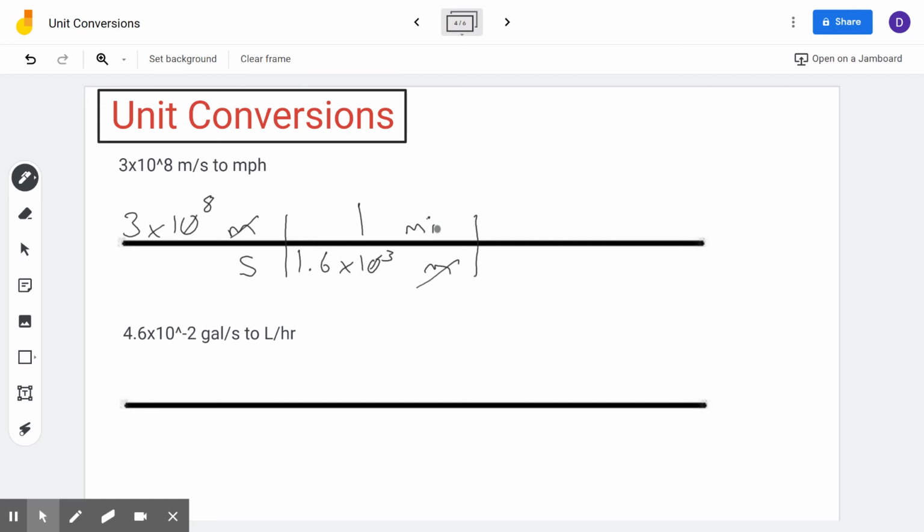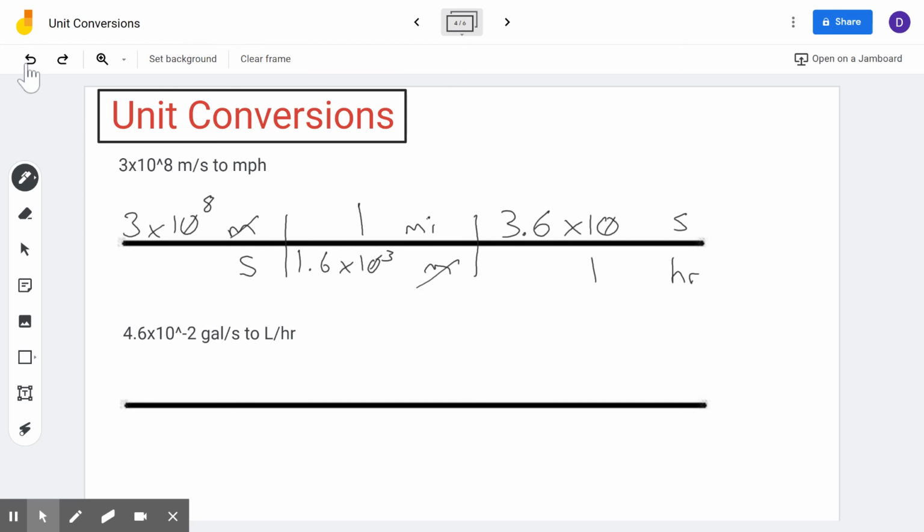Now let's change seconds to hours. Seconds would be up top in order for it to cancel, and hours would be on the bottom. Hours bigger, so let's put a 1. How many seconds are in an hour? Well, you do 60 times 60 is 3,600. We're going to write that in scientific notation. Okay, 3.6 times 10 to the third.